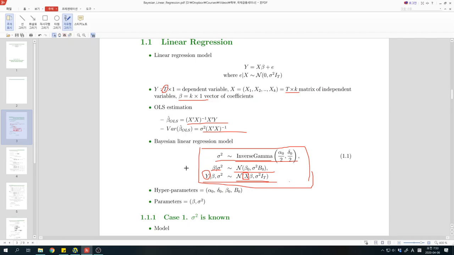And after you observe the data, now you can derive the conditional distribution of the parameters given y, right? A priori y was also a random variable. Now you have some observations about y, some information about y. What we know is that y and the parameters are highly related or correlated, so y must have some information about the parameters.